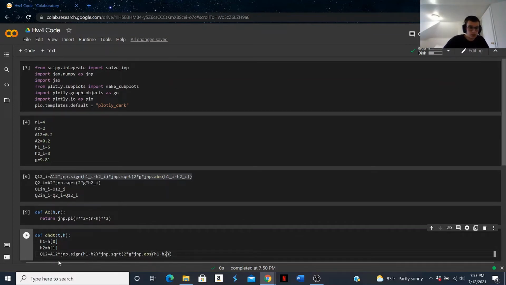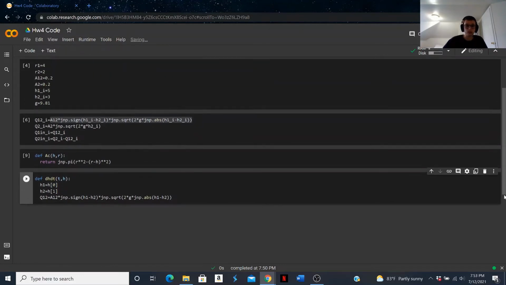So all we needed to do was take off the h1 and h2 initial, because that value is an unknown variable once we're no longer looking at steady state.